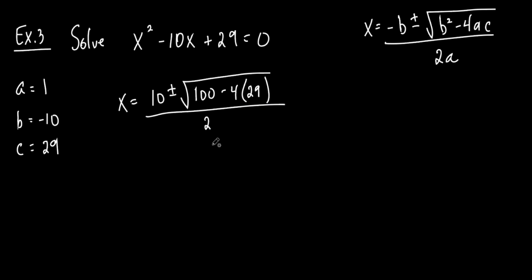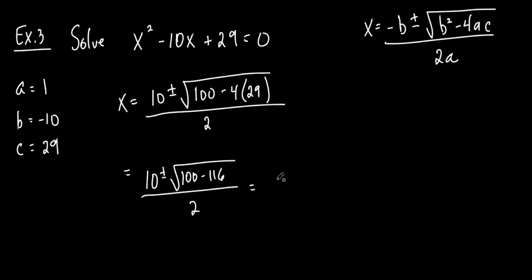We good? We're not done. It'd be nice if we were, but you got to simplify this stuff. So let's do it. 10 plus or minus square root. What's this? 4 times 29. Do you know what 2 times 29 is off the top of your head? 58. Then double 58 gives you what? 116. So let's do this. 100 minus 116 over 2.